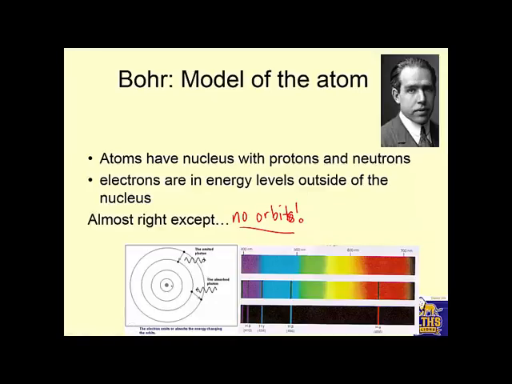Bohr's model was able to explain a lot of things about atoms, but it didn't explain them all, and his idea that electrons were orbiting the nucleus is incorrect. We often use this to symbolically represent what we think atoms look like, but just remember that rings are wrong.